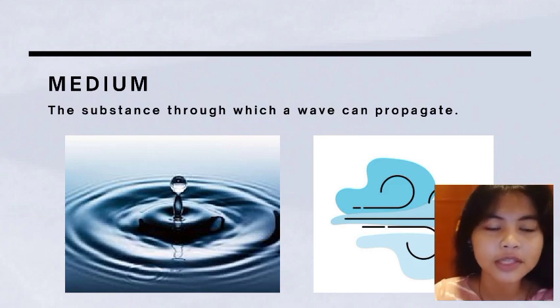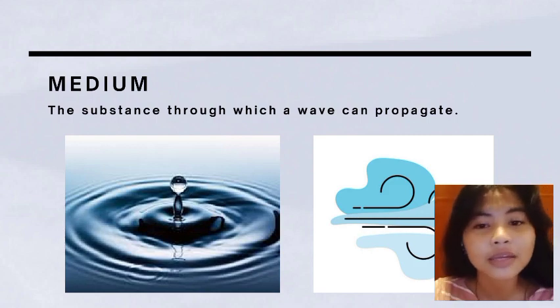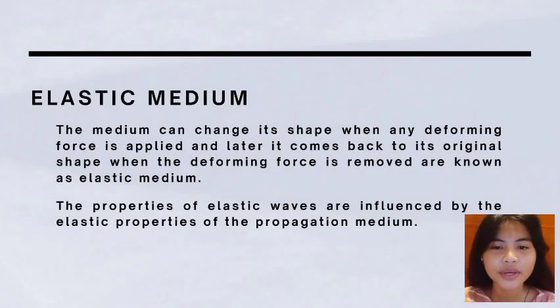As stated earlier, water waves happen in water, sound waves propagate through the air, and of course seismic waves through the earth. So medium and elastic medium refer to the same thing: the substances in which a wave can move or propagate.